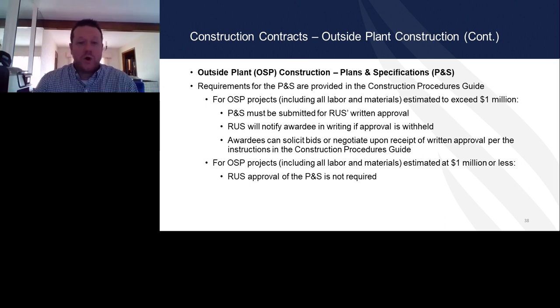RUS will notify the awardee if approval is withheld, and awardees can solicit bids or negotiate upon written approval per RUS instructions in the guide. Plans and specs must also include special assembly units, details, cable layout maps, or any other owner-furnished material and associated unit costs.